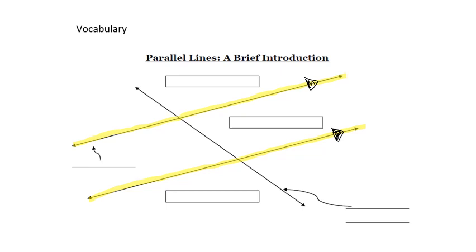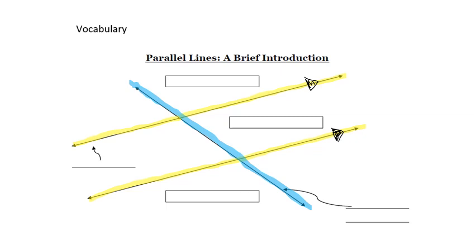Now, these two parallel lines, these two yellow ones, they have another third line. And I'm not sure if you can see where that is, but I'm going to highlight that in blue. This is the third line. There are actually three lines in this picture. This third line is a special line that is crossing the two yellow parallel lines.